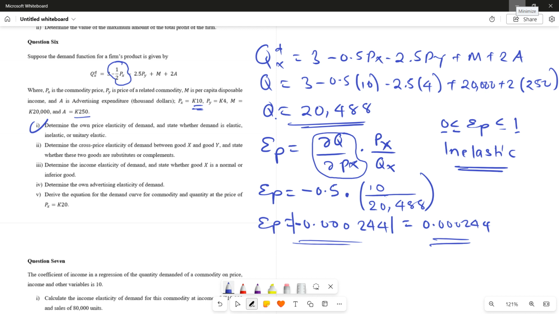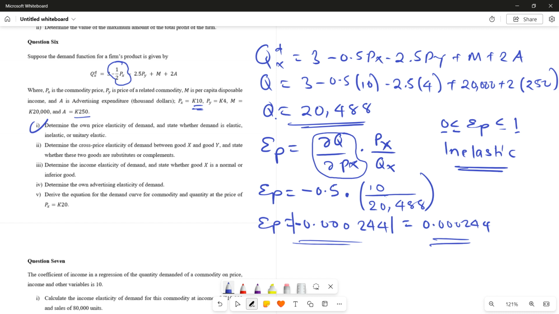Even if you have increased the price of this particular commodity, let's say by 1 unit, the demand will reduce by 0.0024, which is so minute, so the margin is very small, which means that the demand for this particular commodity is inelastic. So inelastic means that the demand is not elastic anyway. It's the opposite of elastic. Okay, great.